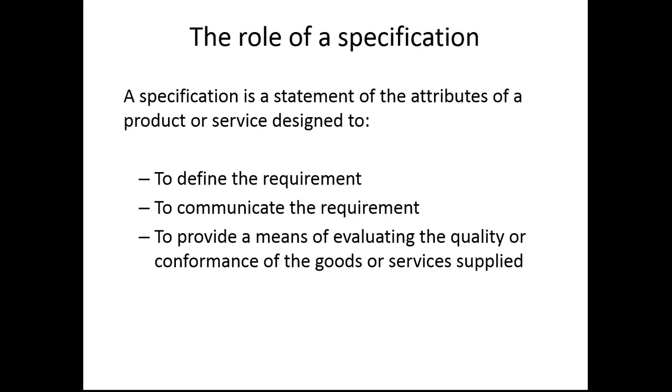You're there to ensure it's done correctly. You're there to ensure that things are not missed out, and of course they frequently are. So your role is to ensure that specifications are accurate, they are specific, they're measurable, they're achievable, they're realistic, and they have a time element attached to them.